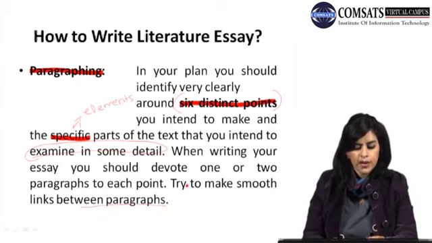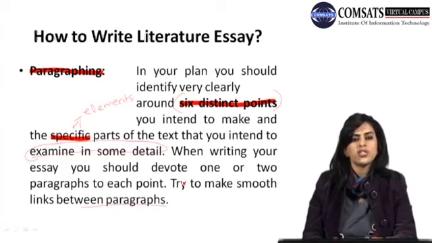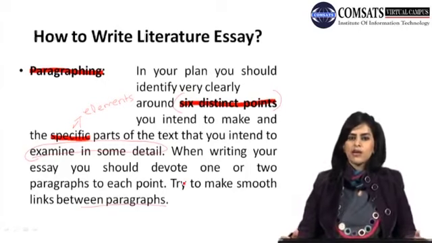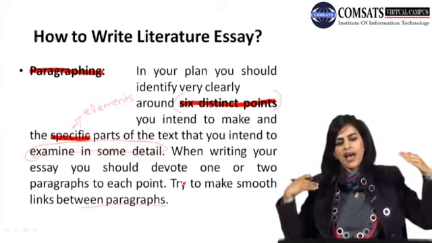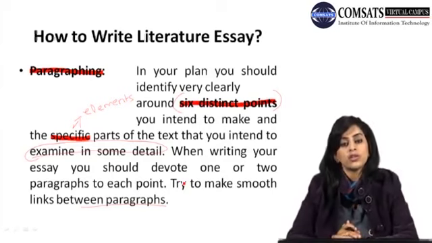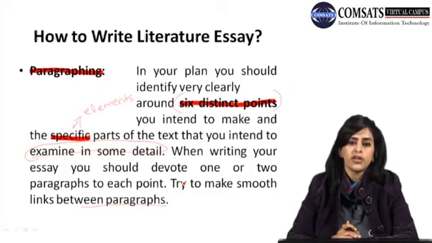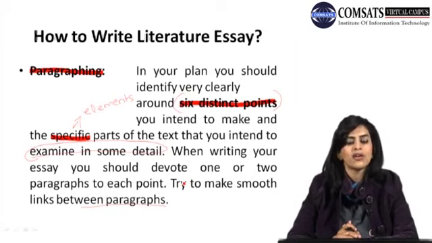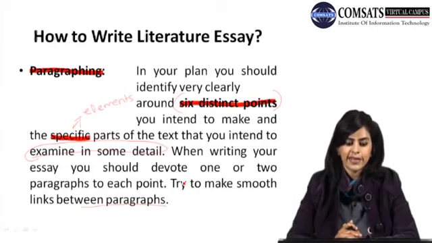If you feel that you are crossing the actual limit of the paragraph, and within that limit you are unable to present your argument in front of the reader, you must make sure that you divide your major paragraph into sub paragraphs, to see how well you can make your audience understand what points you want to discuss throughout your literature essay.